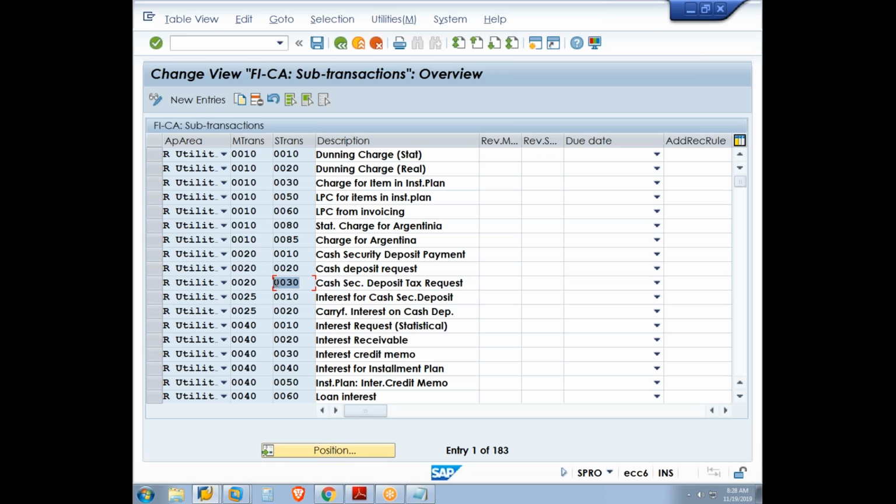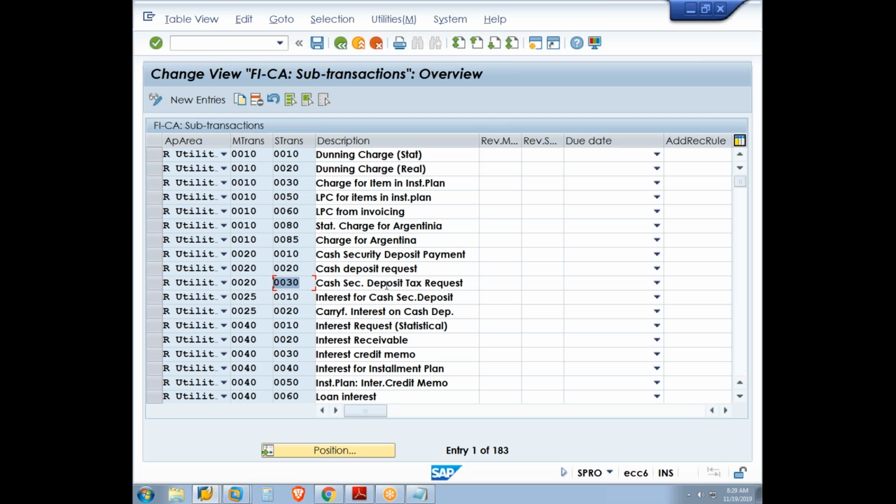In some countries, tax is not applicable; in some countries, tax is applicable. So when you initially prepare the security deposit amount, the line item is 0020. We are requesting from the customer account. But when they make the payment, we make a down payment entry using the 10. That is a deposit payment. But if you are going to calculate the tax for the security deposit, then it is a tax request.